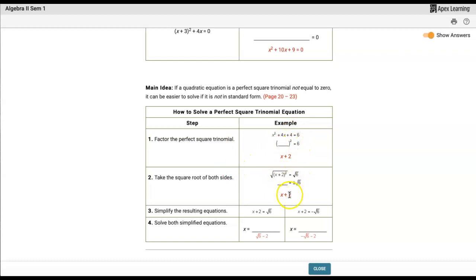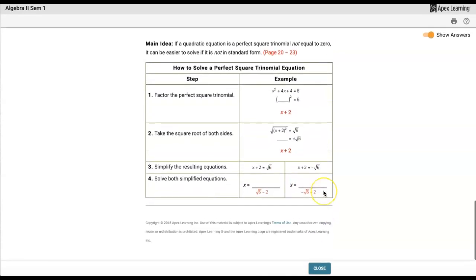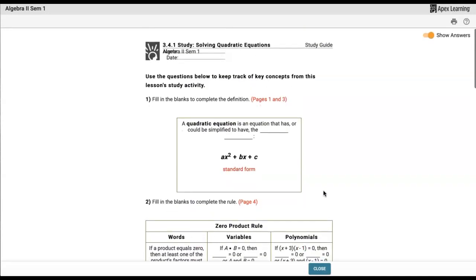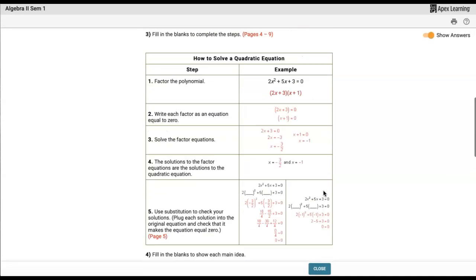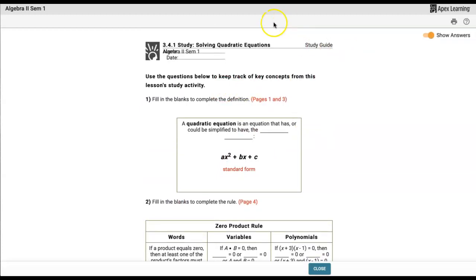Then we can take the root of both sides, set up a positive equation and a negative equation. And then we can solve for both of these equations. All right, and again, we leave it as square root of 6 minus 2 and negative square root of 6 minus 2. Don't go any further than that. All right, and that is our study sheet that summarizes basically all of 3.4 there.